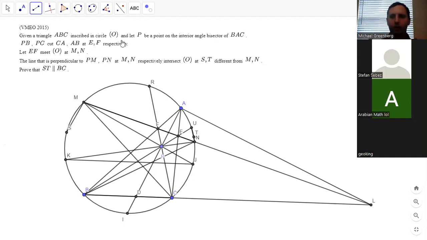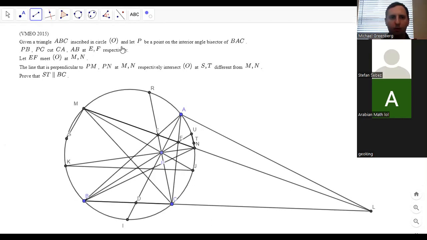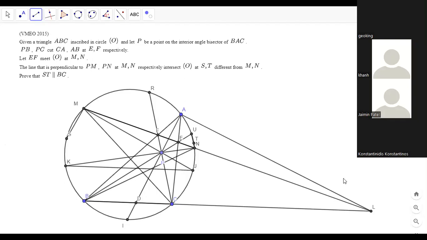Oh, sorry. Let me read what... So Arabian math, what were the two things you said we should try to intersect? Was it BN and CM? Or was it you, Arabian math? Sorry. Okay.